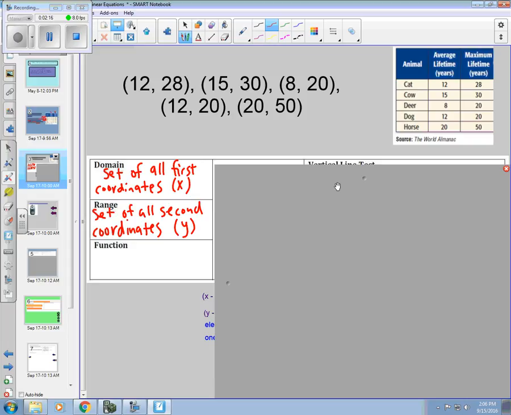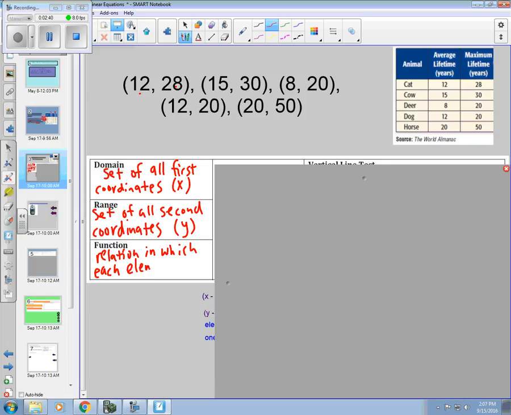Okay. One other term we're going to be looking at is a function. And a function is a relation in which each element, and an element is just the numbers here, so like 12 and 20, all these numbers are elements.